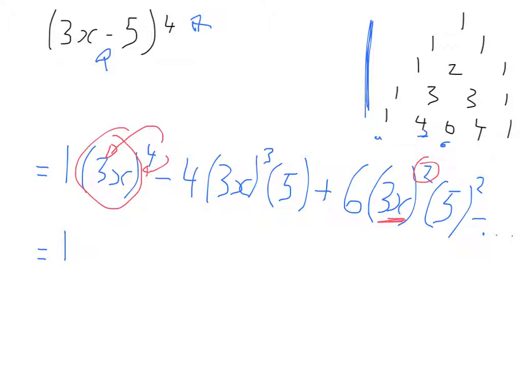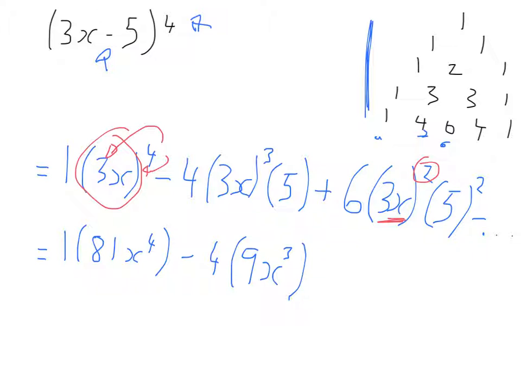So 3x to the power of 4 is 3 to the power of 4 times x to the power of 4. So 3 to the power of 4 is 81, and then x to the power of 4 is just x to the power of 4. So we've got 81 x to the power of 4 minus 4 times 3 to the power of 3, which is 9, x to the power of 3, which is x cubed.